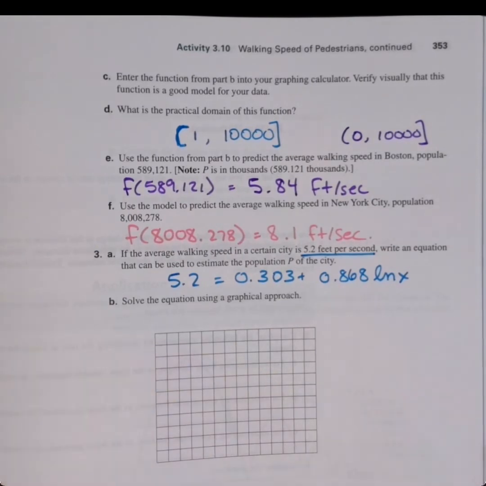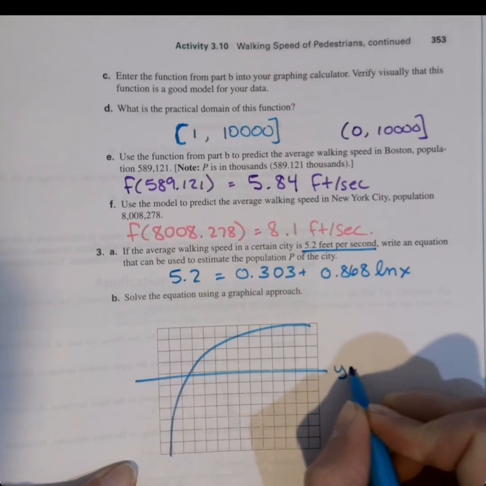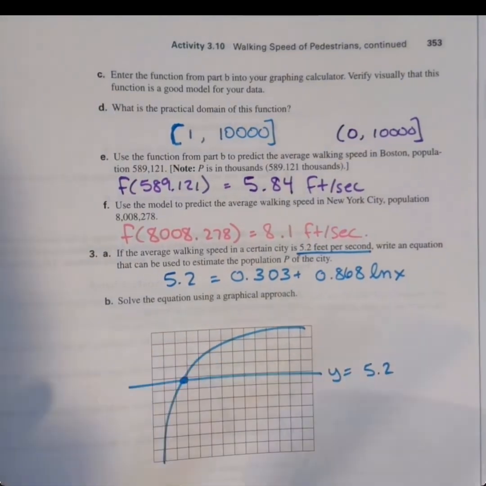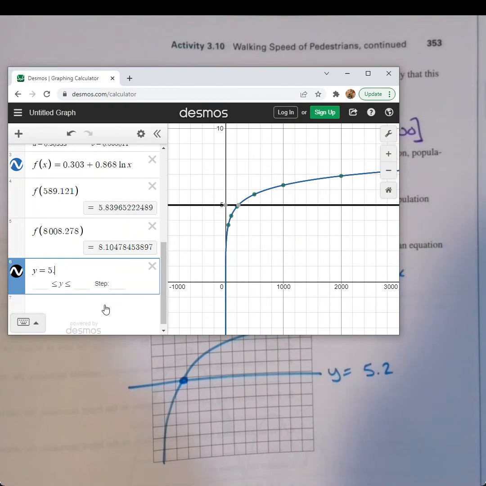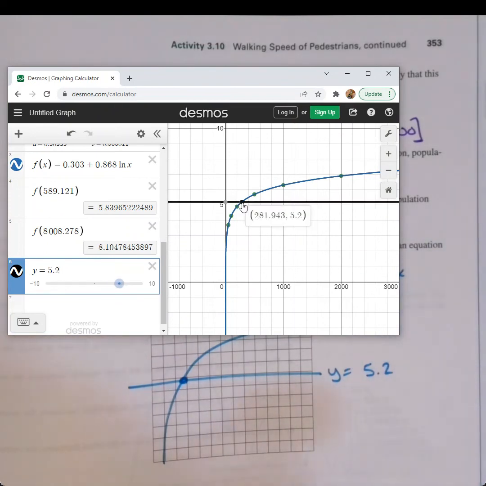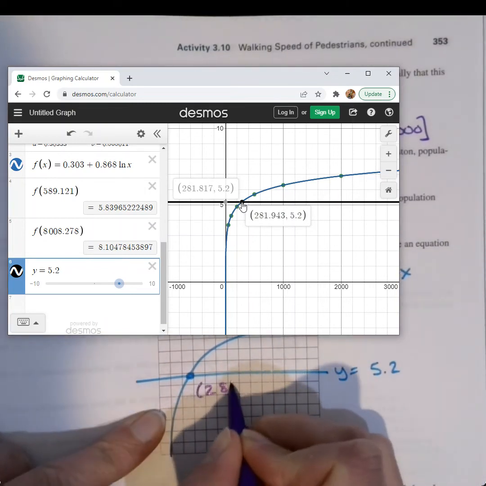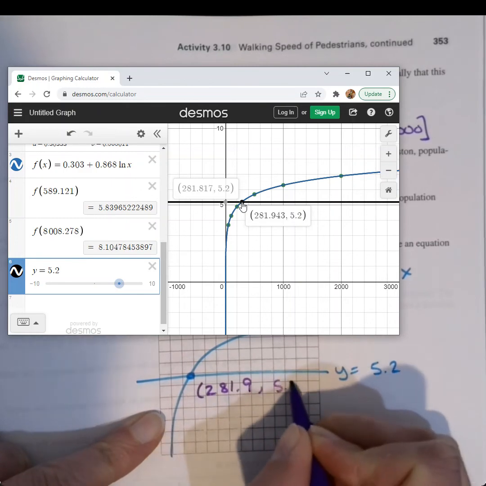Now, if I solve it using the graphical approach, we're going to be graphing y equals 5.2, and we're going to be intersecting it with our function. So let's do that. So the intersection point is at 281.9, comma 5.2.